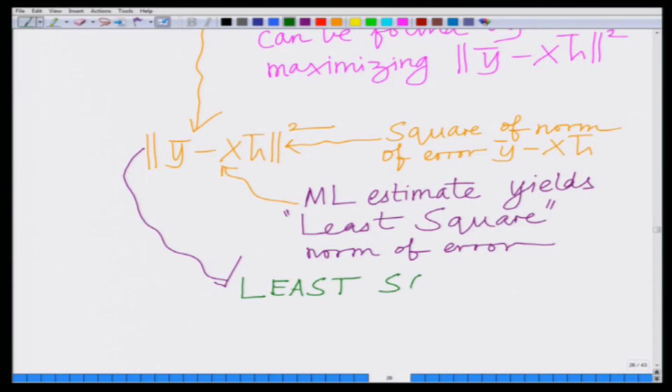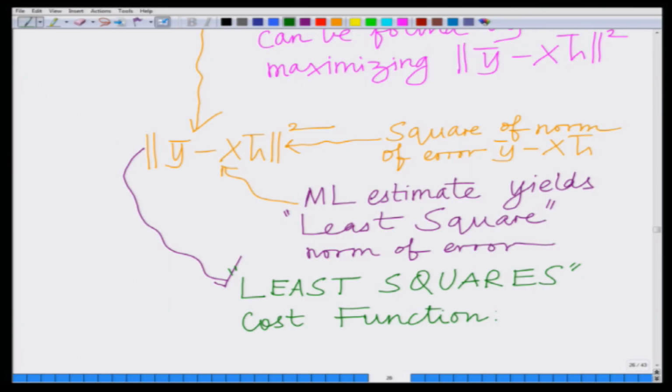This arises very frequently in practice, and this is termed as the least squares problem or the least squares cost function. Right. So, this is known as the least squares cost function, that is y bar minus x h bar norm square.